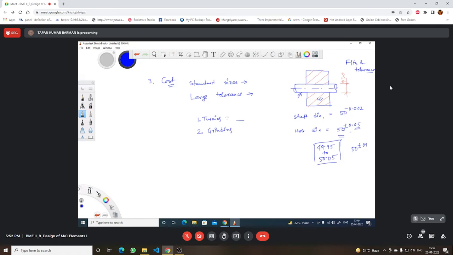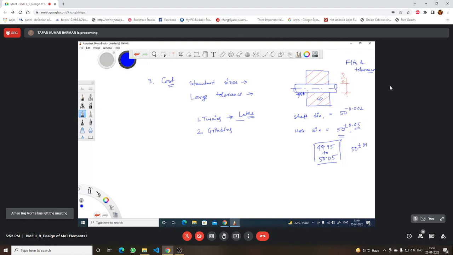What is turning? In turning, basically we use a lathe, and in the lathe there is one pointed tool touching this workpiece, and this workpiece will rotate. Also, this cutting tool will move parallel to the axis of the job.